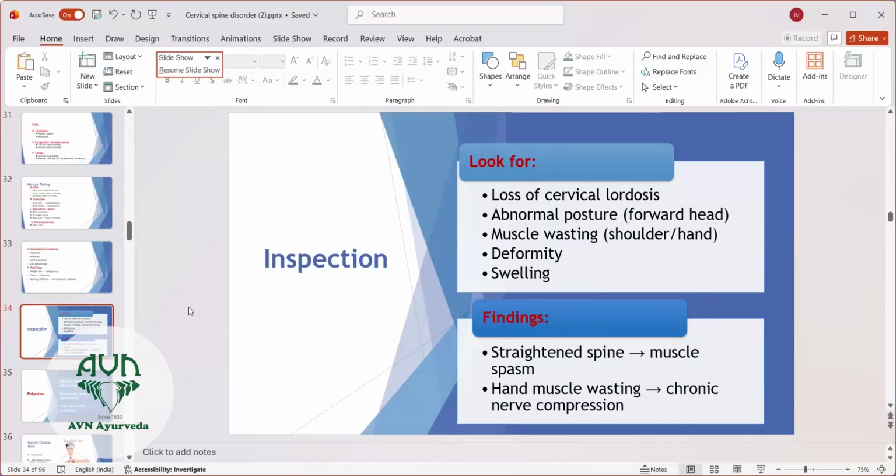Also the abnormal posture of the cervical spine: in some cases we can observe that the head is shifting forward. In IT professionals, they always keep their head looking downwards. Executives also do their work looking downwards, and dental surgeons also always have their head downwards like that.